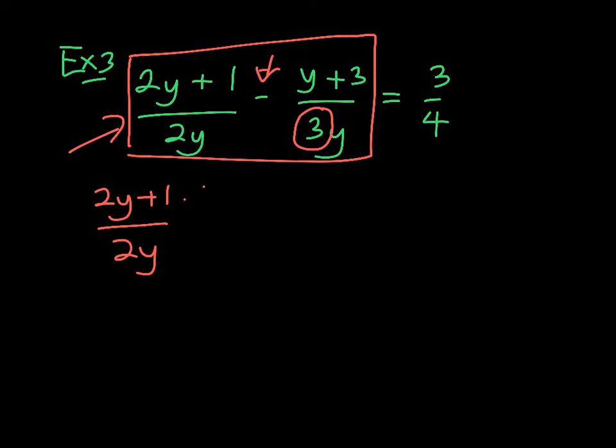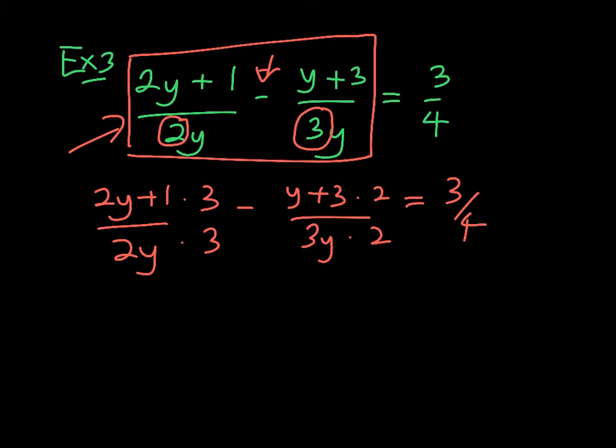So we multiply this by 3, multiply this by 3, minus, then what do I need to multiply 3y by to make 6y? 2, which is the opposite coefficient there. So this y plus 3 is multiplied by 2, and 3y multiplied by 2, is equal to 3 over 4.